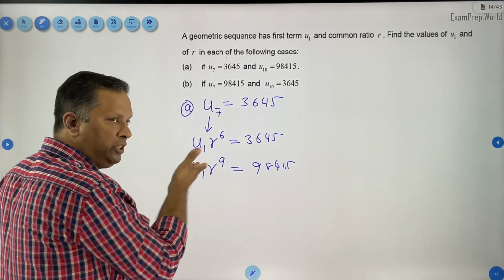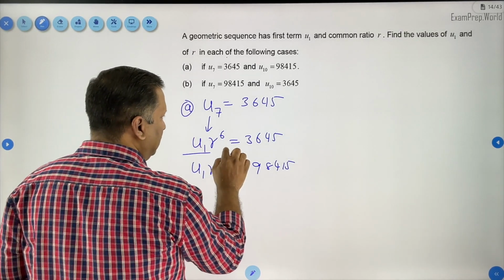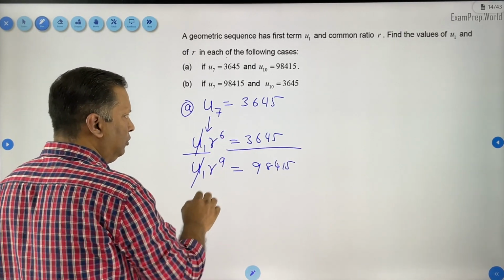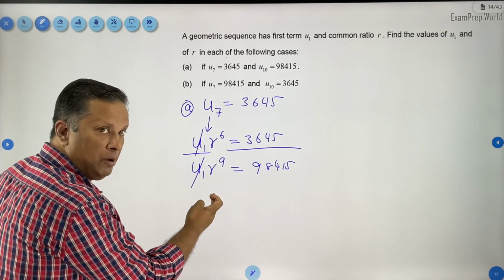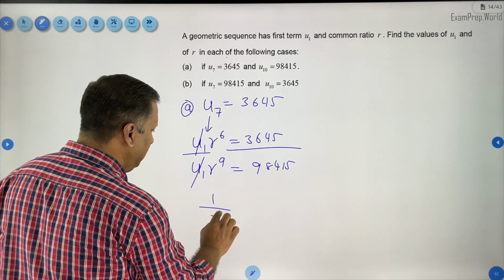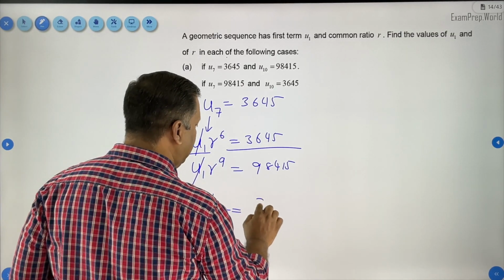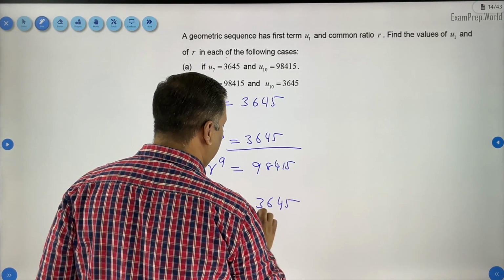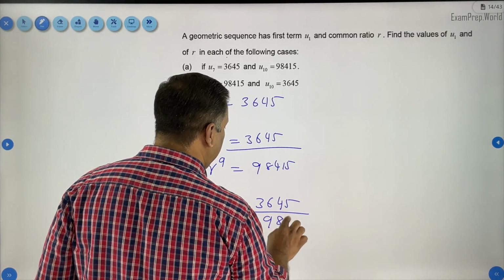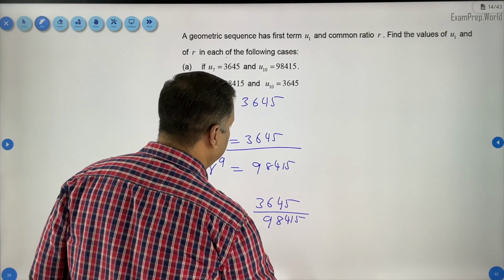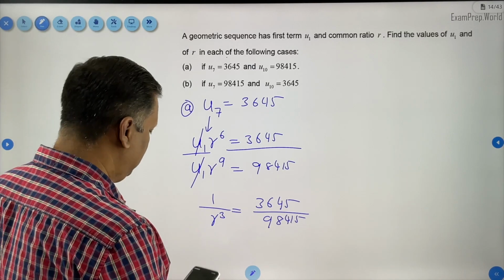If I divide the first expression by the other, the u1 will cancel off. r to the 6 divided by r to the 9 will be r cube, and here you will have 3645 divided by 98415.